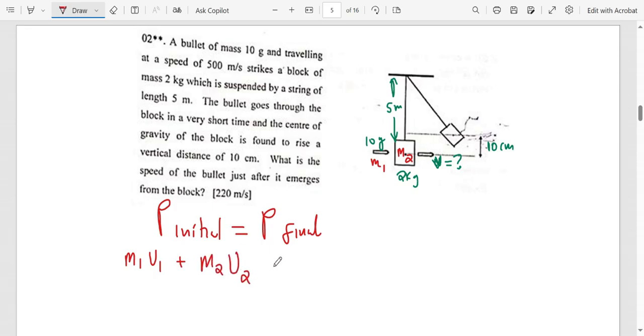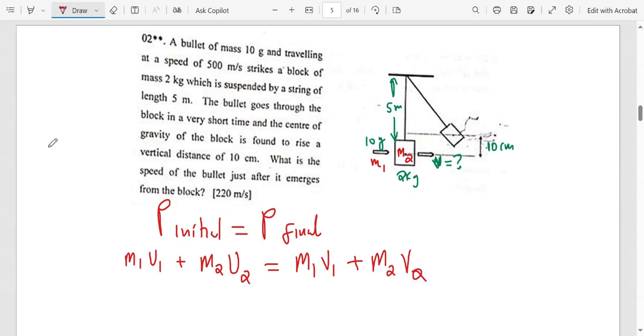Because the bullet didn't stick to the block, so we are going to calculate their individual momentums. So say now momentum M1, but now here we use the final velocity V1. This is for the bullet. And then plus M2 V2. This one is for the block.